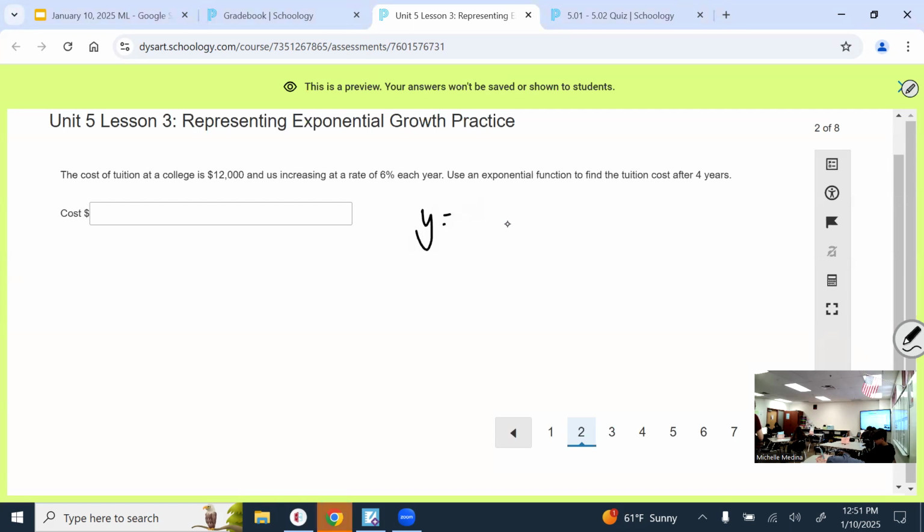All right, exponential functions have this type of setup that we talked about. However, when it says that it's growing or decaying at a certain percentage, it might be better to use this setup, which is equivalent, but it allows for the percent. A is still going to be your initial amount.